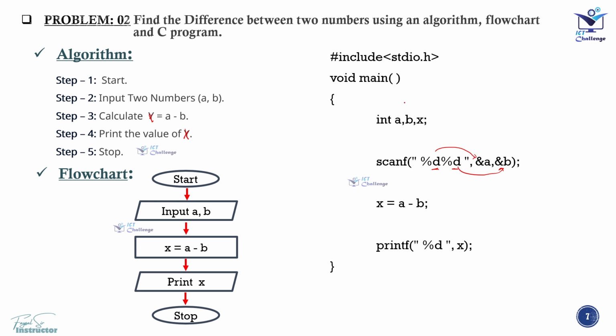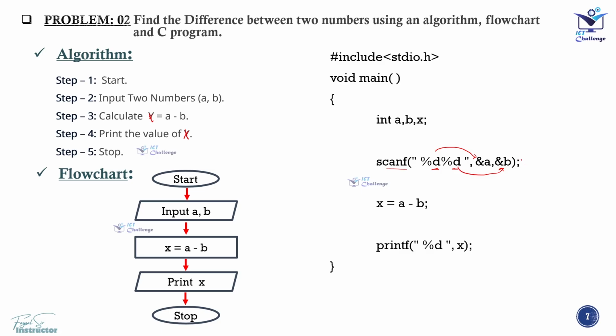But when a line contains something, that means it has many works after this line, then we can't close this line with a semicolon, because this is not a statement, this is a function. For this function we have some work inside of it. So int a, b, x is not that kind of line, it has nothing under it, so that's why we close this line with the semicolon.